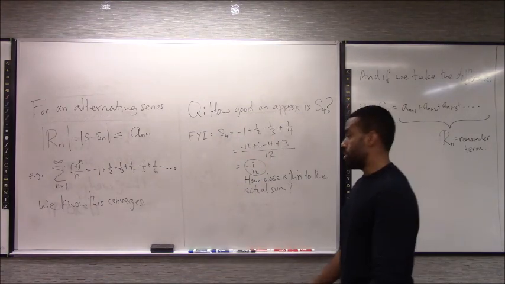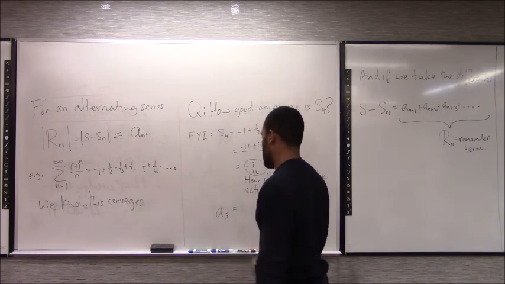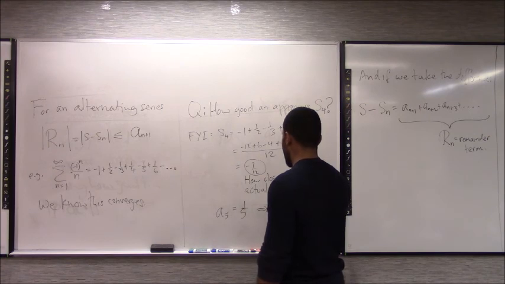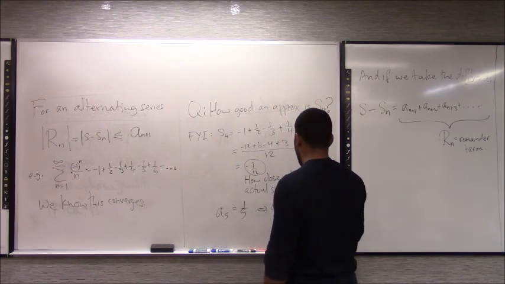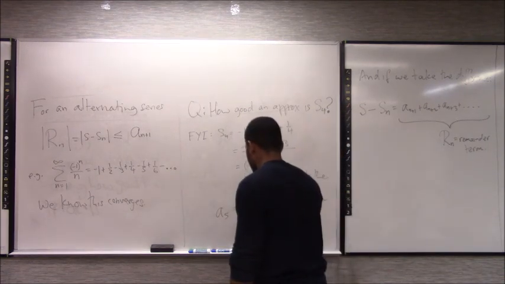Turns out all I have to do is look at A5. A5 would be 1/5. This means we are within 1/5 of the actual answer.